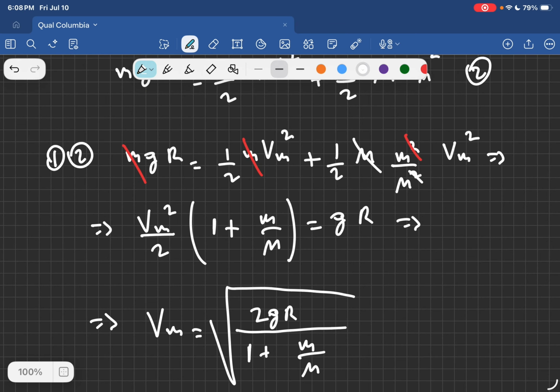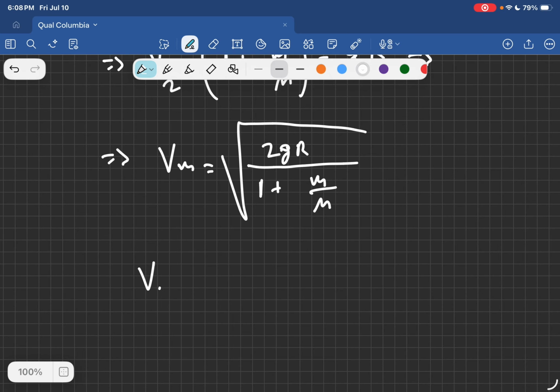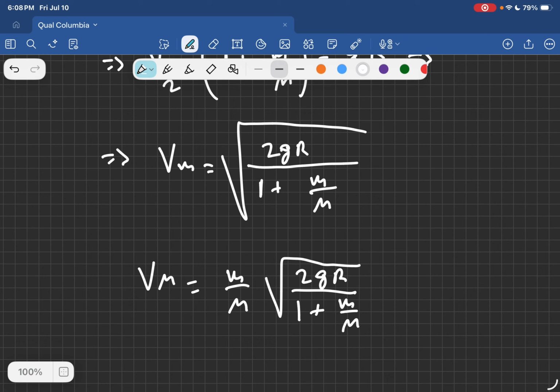Okay, and now that we found that, it's easy to find the velocity of the big mass, which is going to be equal to m over M times this expression, 1 plus m over M.